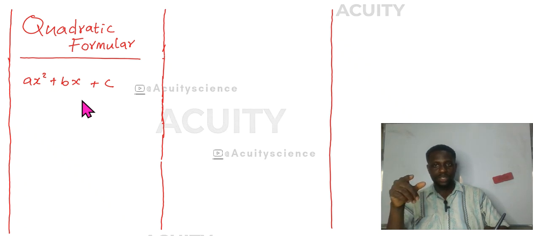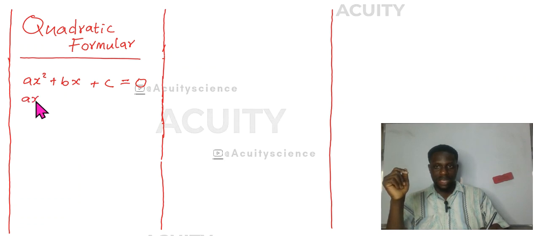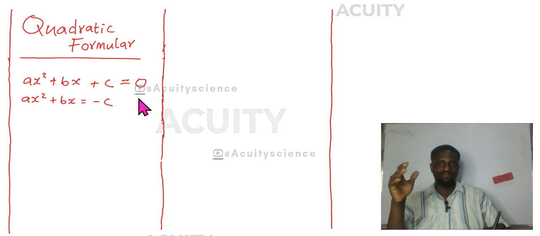So we want to complete the square like we learned in the former video. So equals 0. What would I do? I'll take this across, and then I'll look for something I should add to this to make it a perfect square. Same process. So I'll simply rewrite ax squared plus bx equals minus c.